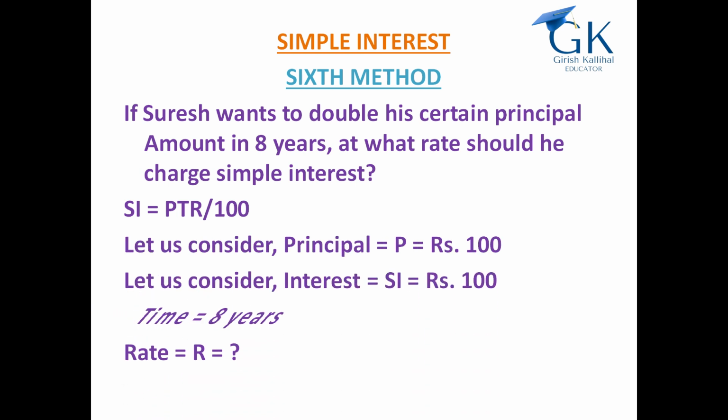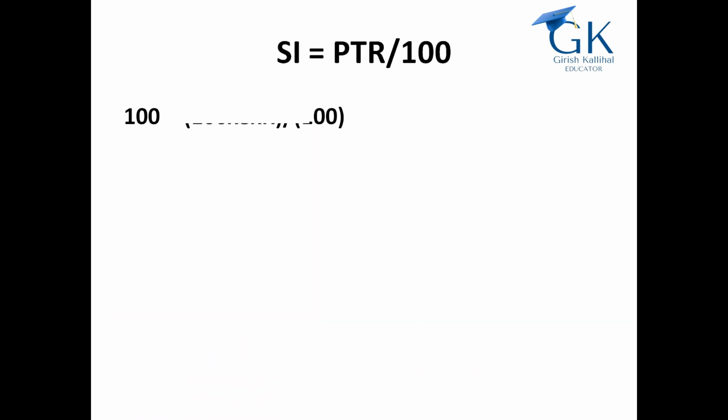So let us substitute all these values in the simple interest formula. Okay. So SI is 100 and which is equal to P is 100 into time is 8 years into rate of interest R, as it is that we need to find, divided by 100. So let us just do the simplification here.